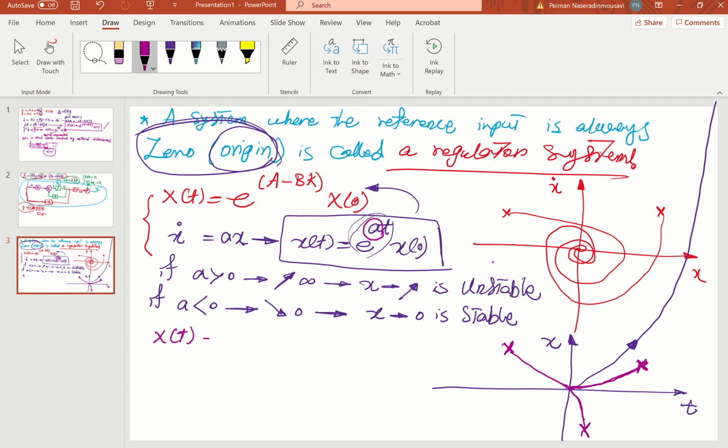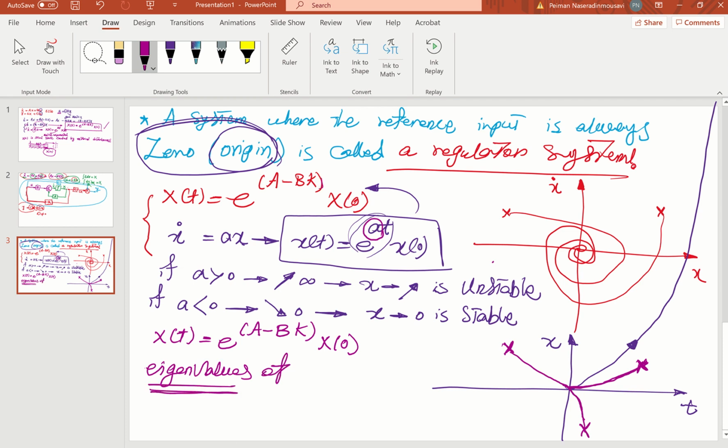But now, here we go. We have a state space LTI system. These are the vectors. So matrix exponential. This is a single exponential. These are matrices, times x at time 0. What about this? Huh? What about this? So for doing that, instead of a, we're gonna say eigenvalues. I taught you eigenvalues. This is very important, guys, because you're gonna find this k gain matrix based on the eigenvalues.